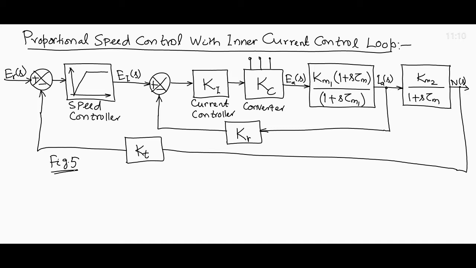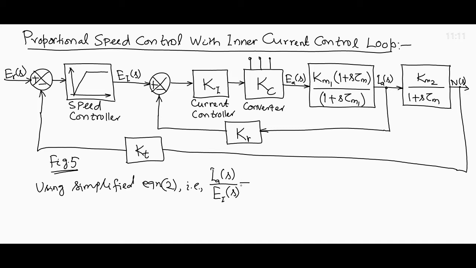For this block diagram, using the inner current control loop, the transfer function IAS by EIS will start with simplified equation 2. Equation 2 was derived in the last class. That is IAS by EIS, where EI is the current reference and IA is the output current.